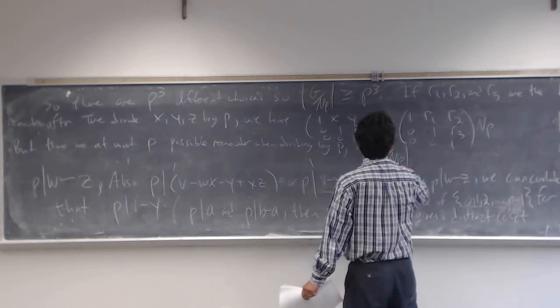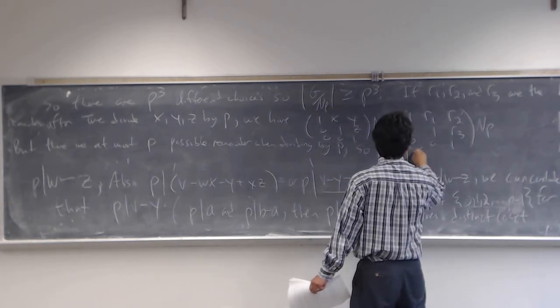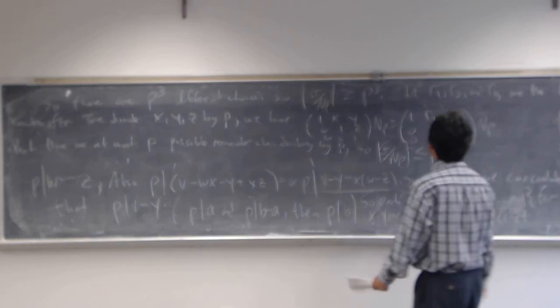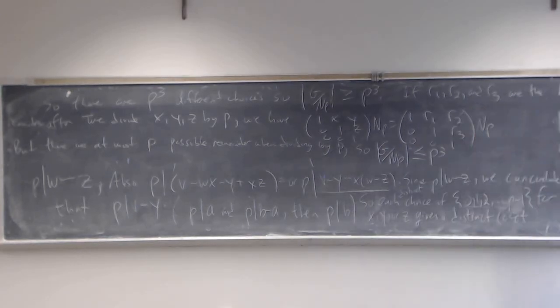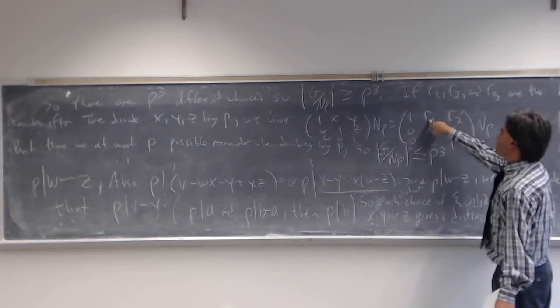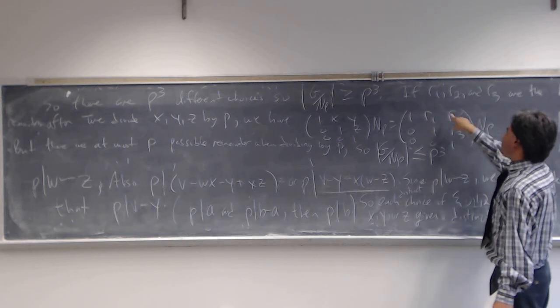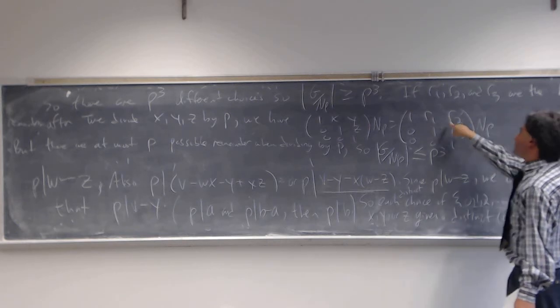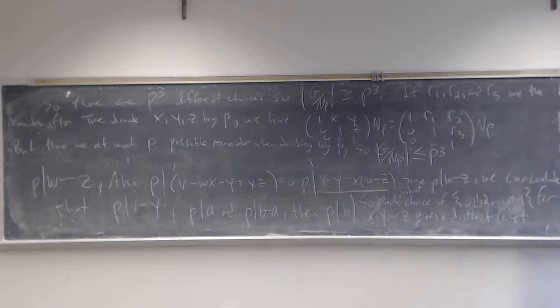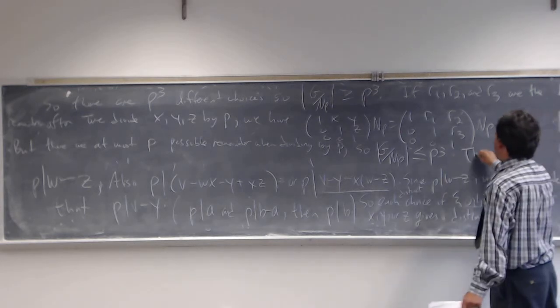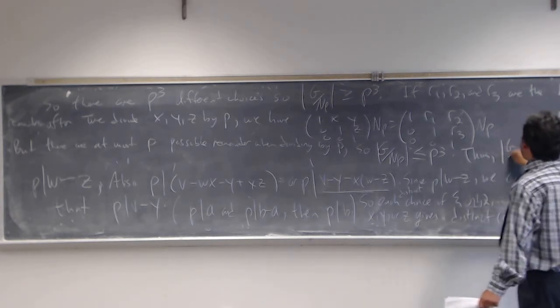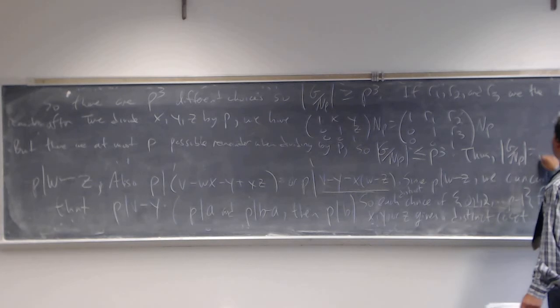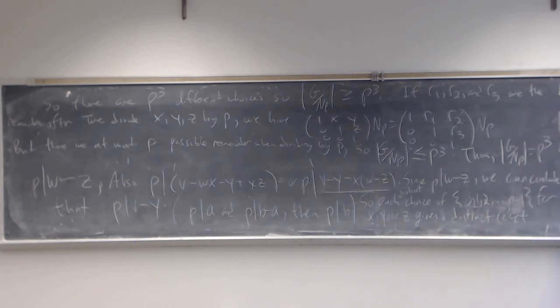So that means there can be no more than p cubed cosets, right? We have at most p choices for this remainder, each of which has at most p choices for this remainder, each of which has at most p choices for that remainder, so there can be at most p cubed. Thus, we've now got the number of distinct cosets. The order of the factor group is p cubed.